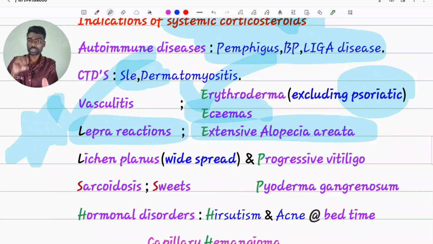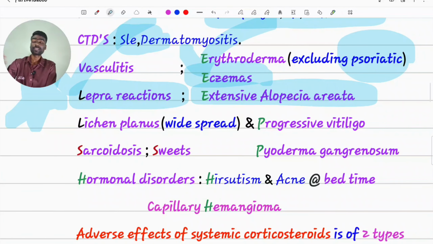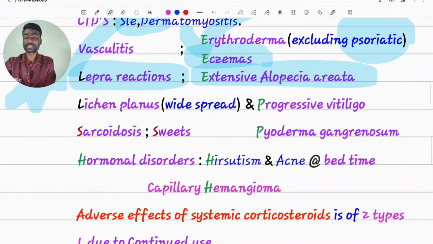If we give steroids on time in a lepra reaction patient, we can save the patient from permanent deformities and disabilities, as steroids prevent nerve injury by our own immunity. Hence, it is very important to diagnose lepra reactions on time.